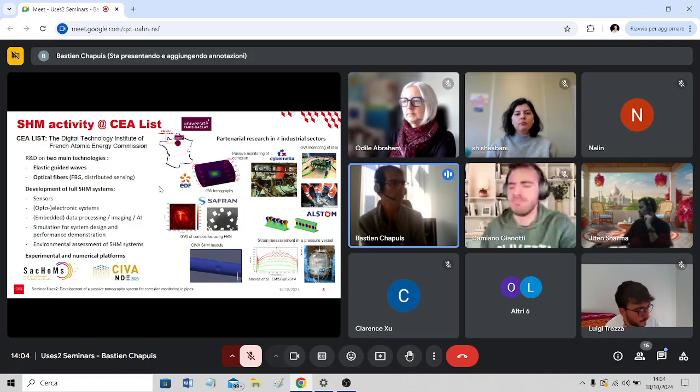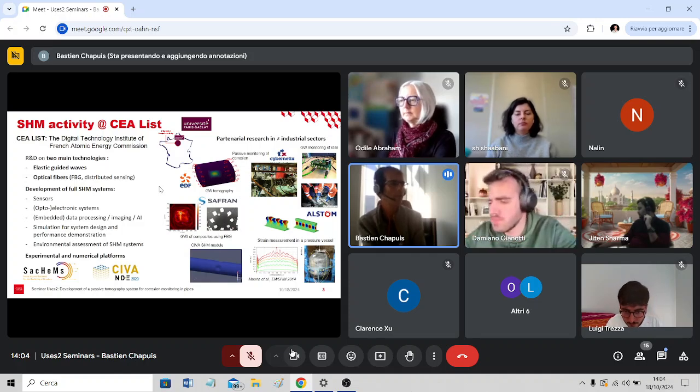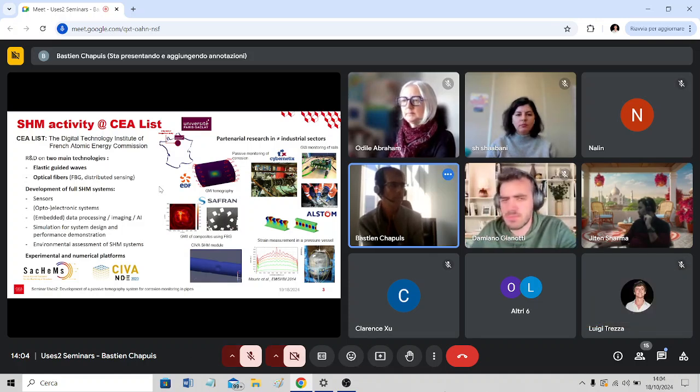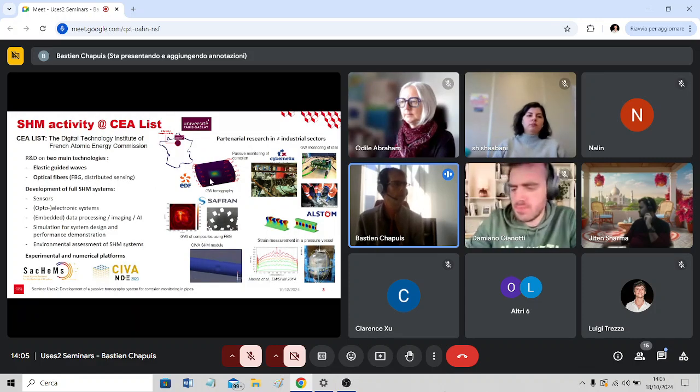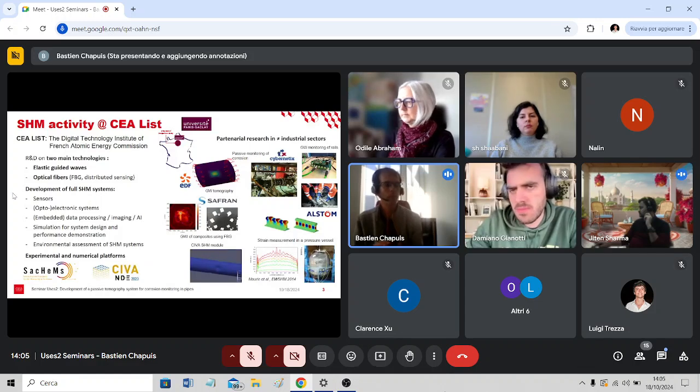We work mainly on two main technologies, elastic guided waves and optical fibers, with different types of sensing with optical fibers, FBGs and distributed sensing. We develop full SHM systems, so we work on sensors, optoelectronic systems, and data processing, which can also be embedded data processing in the systems.